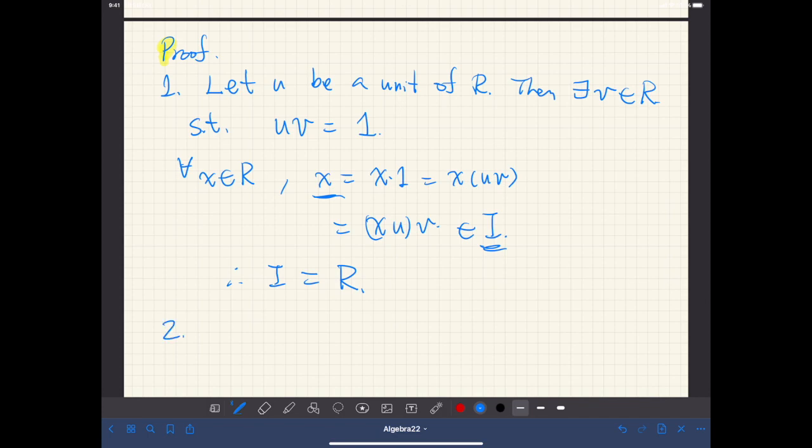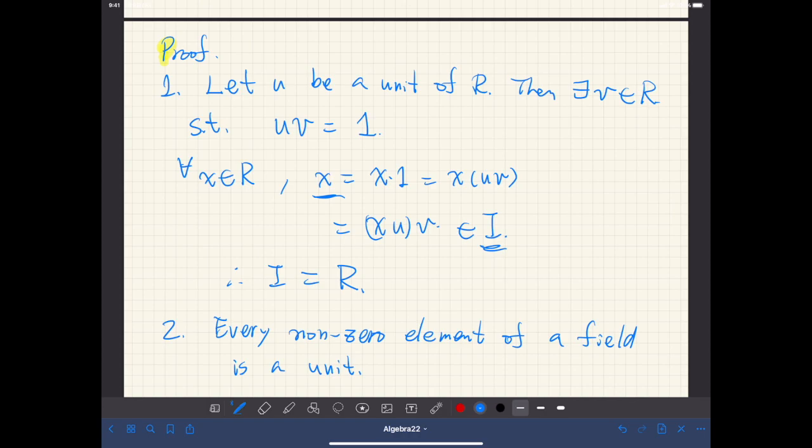And the second part follows very easily from the first part, because every non-zero element of a field is a unit. That means every non-zero element of a field is invertible.